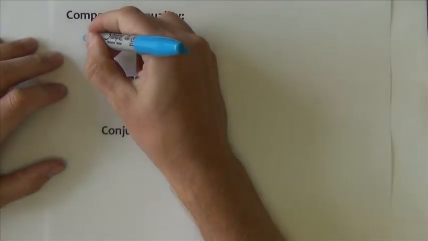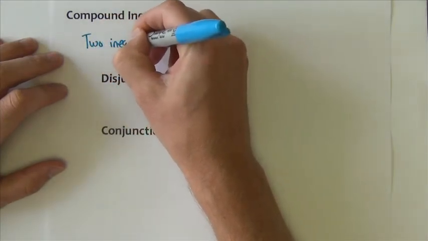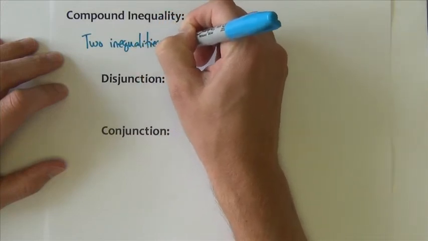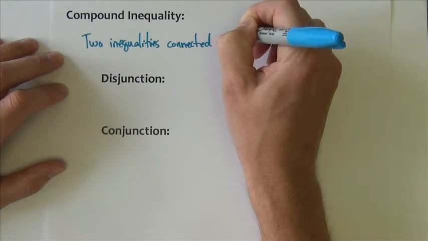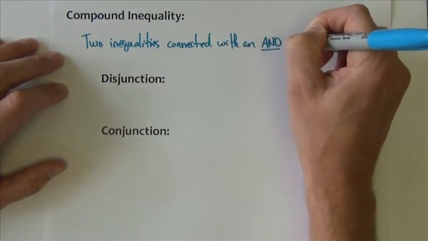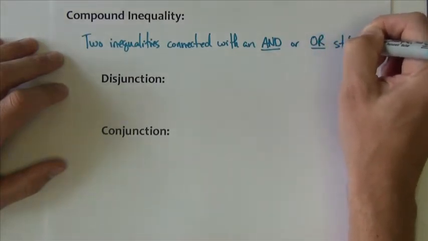Now I want to shift gears and look at some inequalities. A compound inequality is when we have two inequalities connected with an and or or statement.